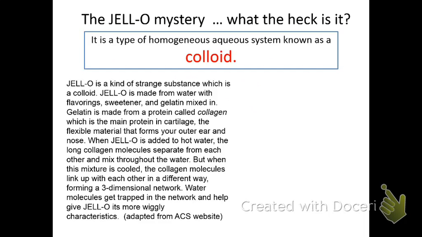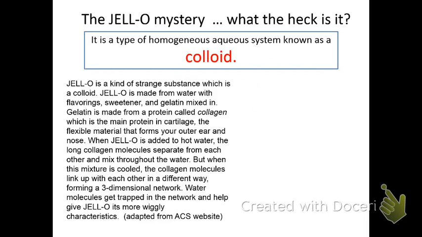I'm going to go ahead and read this because the print's kind of small. Jello is a kind of strange substance which is a colloid. Jello is made from water with flavorings, sweetener, and gelatin mixed in. Gelatin is made from a protein called collagen, which is the main protein in cartilage, the flexible material that forms your outer ear and nose.